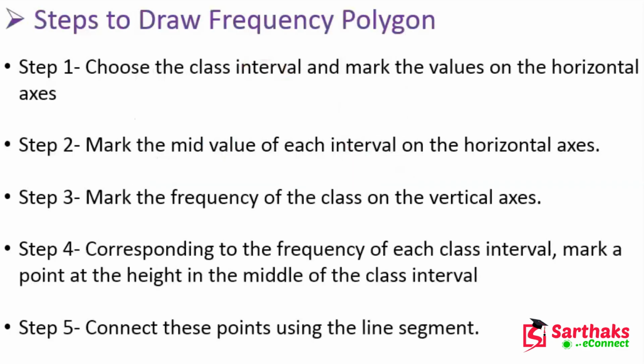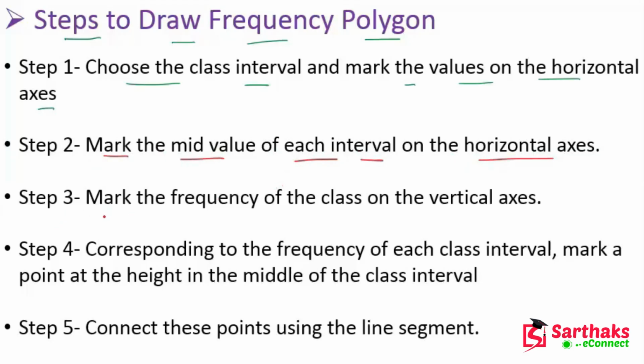Now, here are the steps to draw a frequency polygon. First of all, we have to choose the class intervals and mark the values on the horizontal axis. Now mark the mid values of each interval on the horizontal axis.